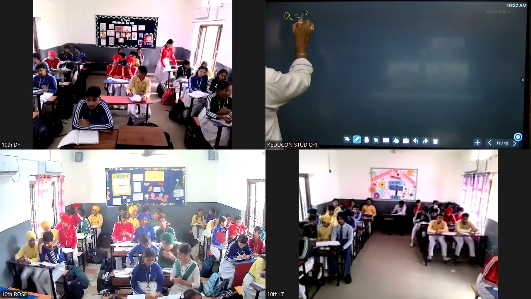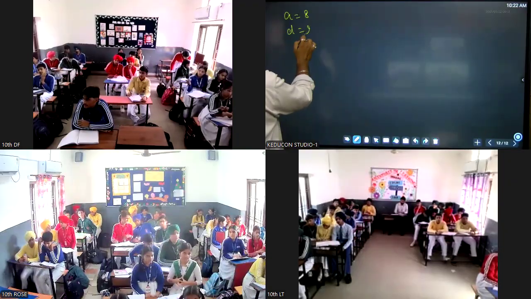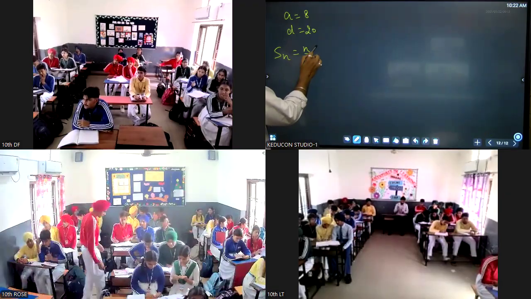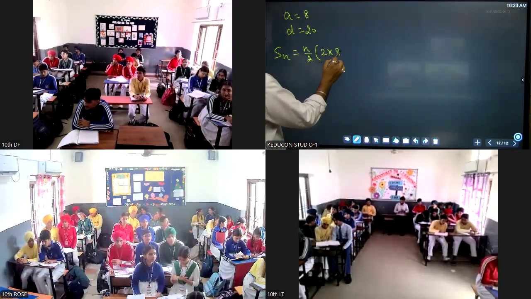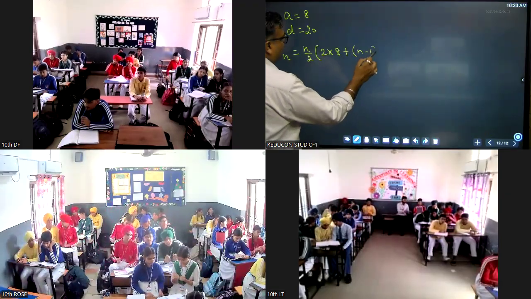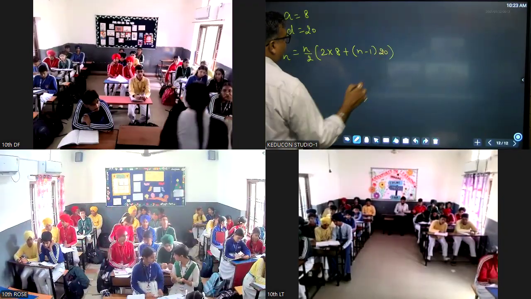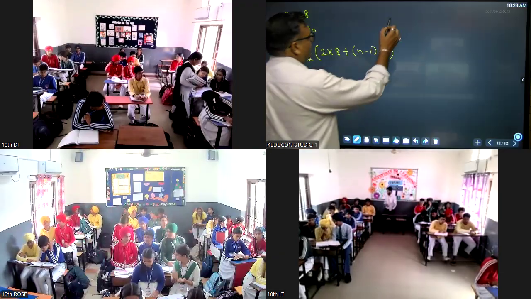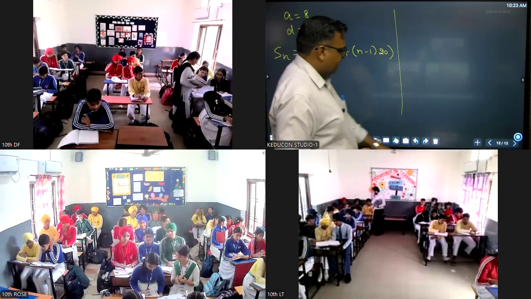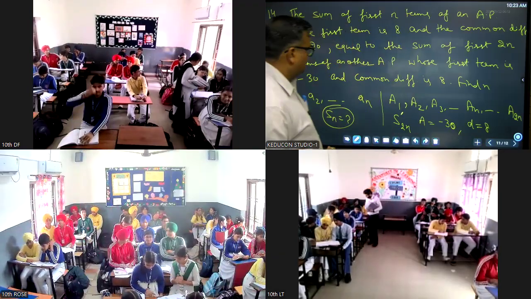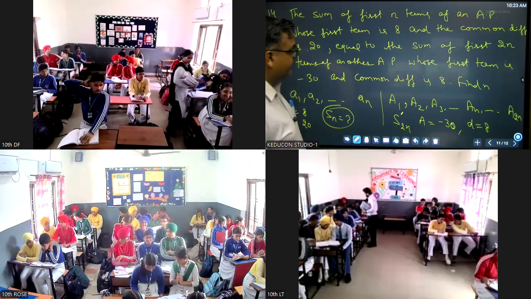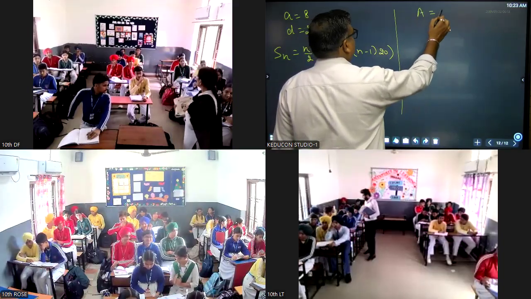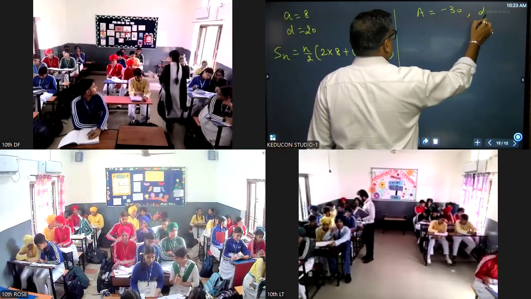A is 8, common difference 20. What will be the Sn of this? n by 2, 2a plus n minus 1 into d. This is the Sn of the AP. Now if you come to the second AP पे आते हैं बच्चे, तो a is minus 30 and d is 8.